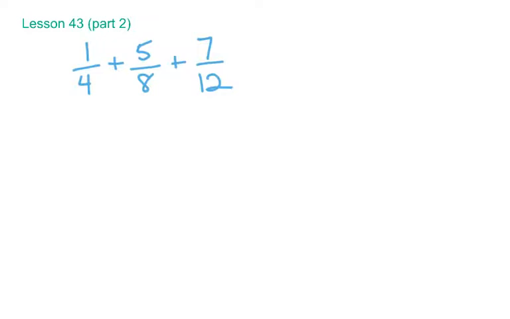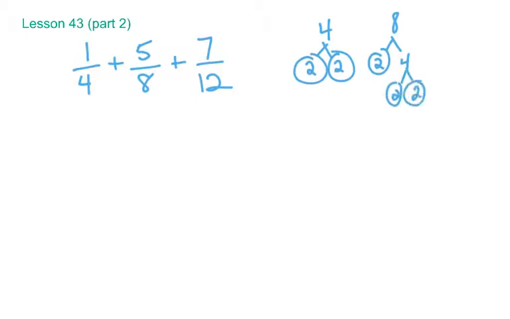So if we drew our trees that we just did before, 4 breaks into 2 and 2. 8 breaks into 2 times 4, which breaks into 2 more 2s. And 12 can break into 3 and 4.